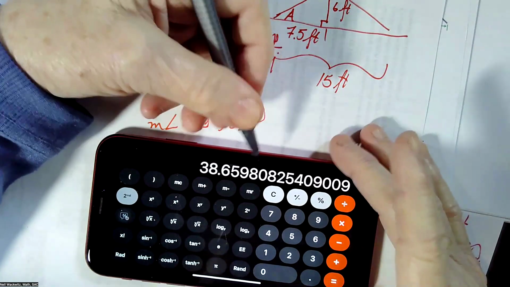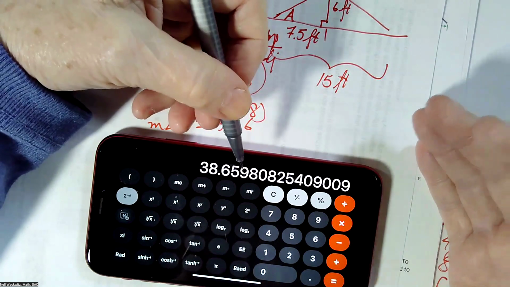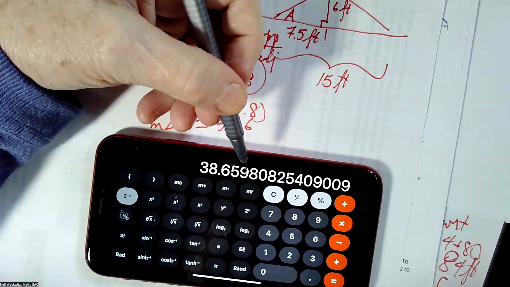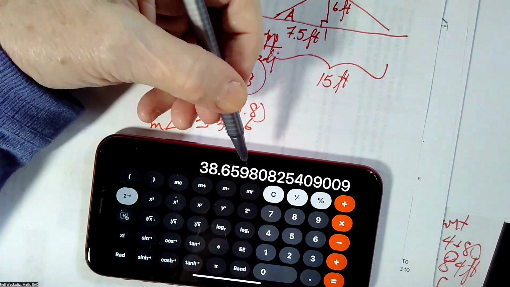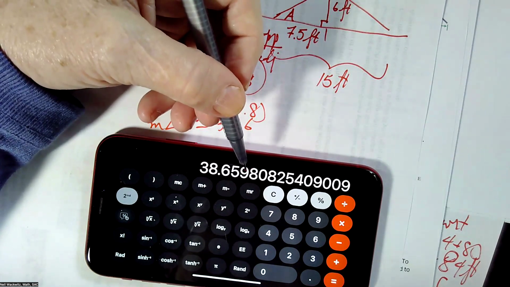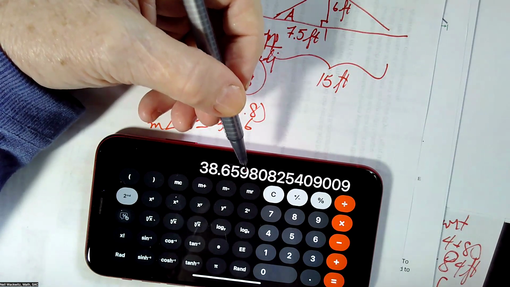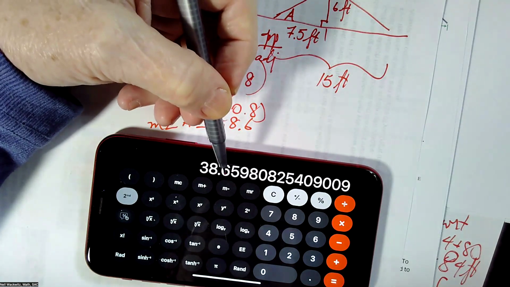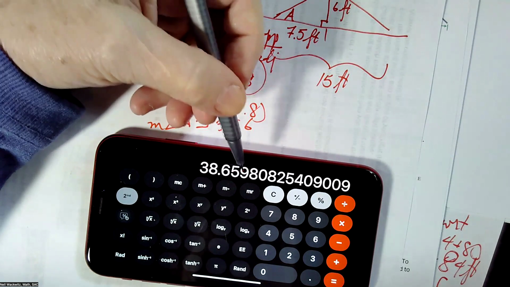Let's round to 3 digits when the third digit is a 9. So this 8 next to it says go up. If I go up here, that becomes a 10. So it's 38.660.